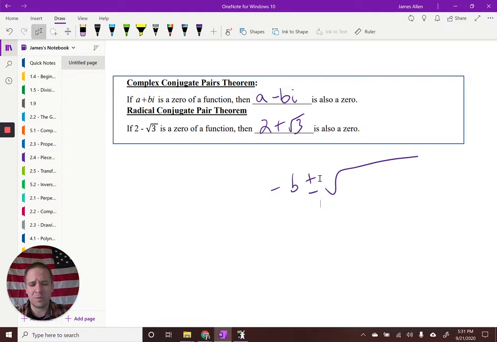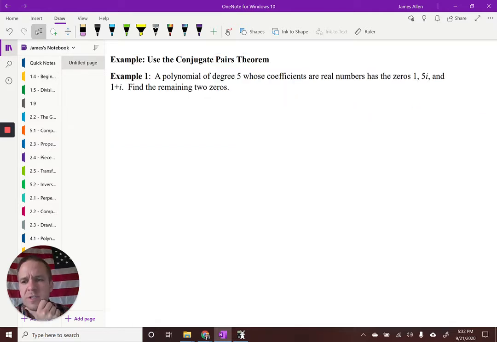Whew, we're cruising now. So let's use this conjugate pairs theorem. A polynomial of degree 5, whose coefficients are real numbers, right, has the zeros 1, 5i, and 1 plus i. Find the remaining 2 zeros. Well, if 5i is one of them, then negative 5i would be the other.